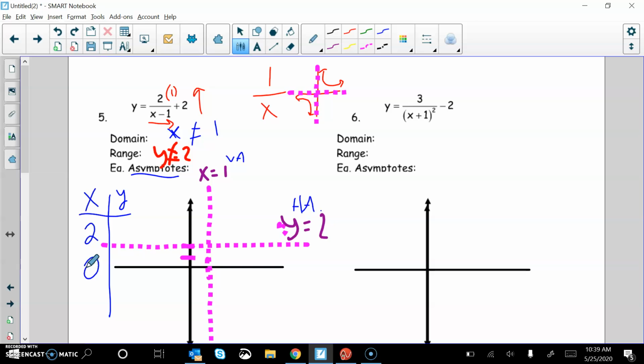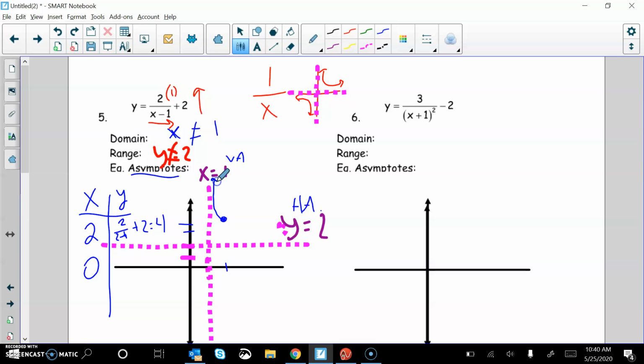If we plug in 2, what do we get? 2 over 2 minus 1 plus 2 gives us 4. So at 2, we have a point at 4. Plug in numbers closer and closer to 1, and the y values get larger and larger.